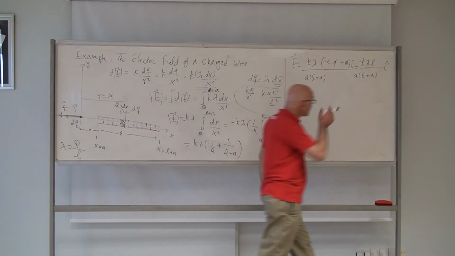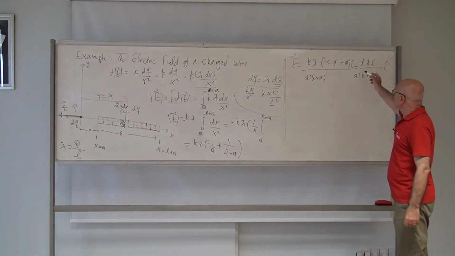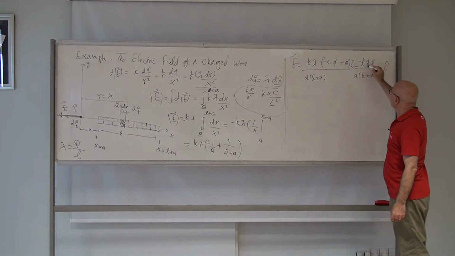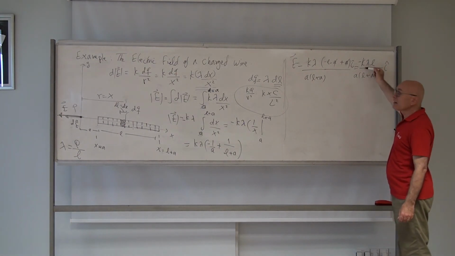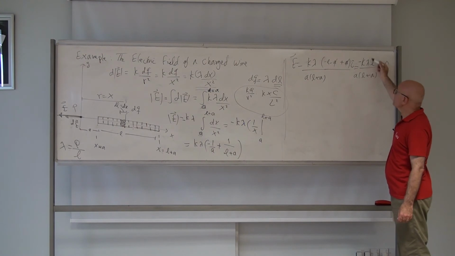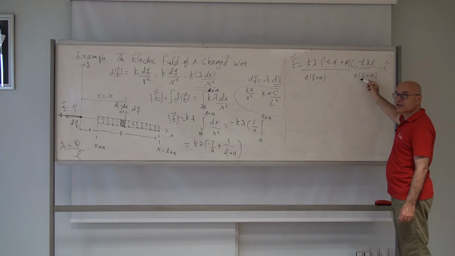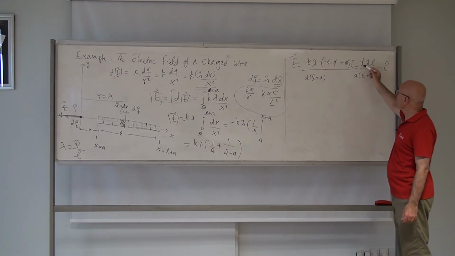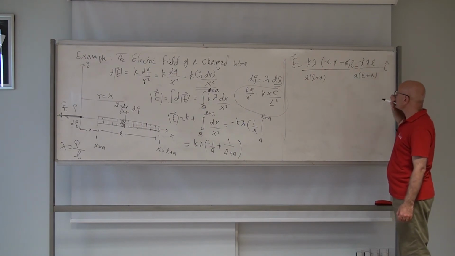So let's check that this works. Here lambda has units of Coulomb per length. Coulomb per length times length is Coulomb. And here you have length times length, which is length square. So indeed you have k multiplied by Coulomb divided by length square.